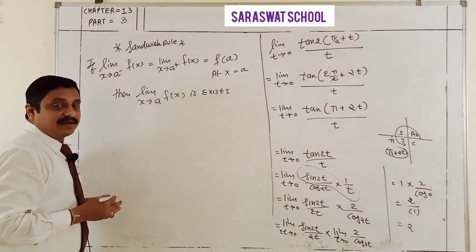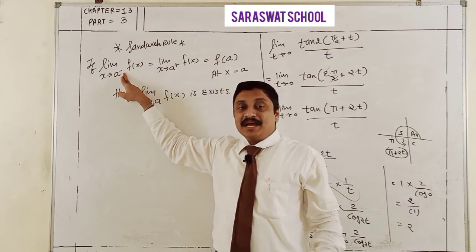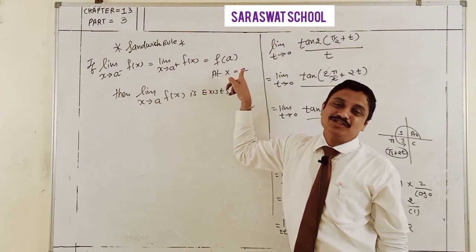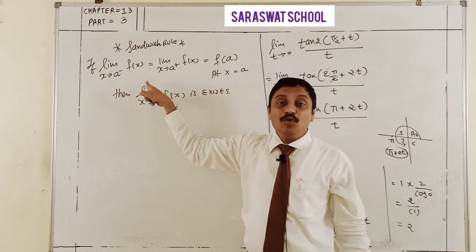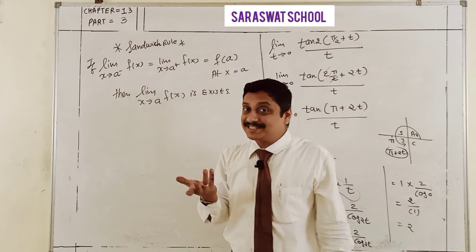One more time: left hand side limit is indicated by minus a, right hand side limit by plus a, and the original function f(x) with x equal to a put in. If all are the same, then the limit exists for x tends to a.